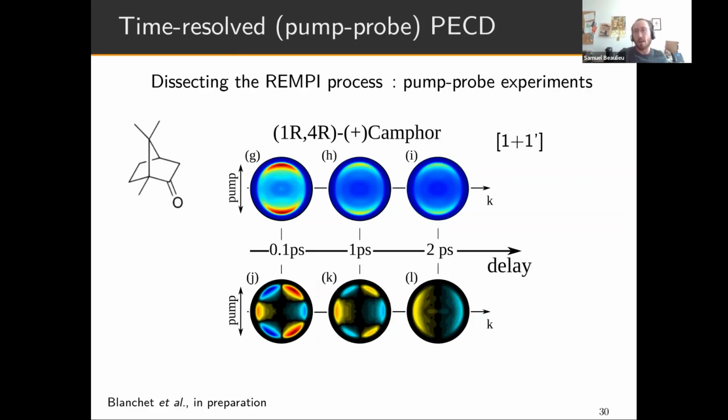You can see a very complicated signal at the beginning, composed of B1 and B3, and B3 decays super fast, leaving only B1 remaining at 2 picoseconds. This is still work in progress, but one of the main conclusions is that time-resolved photoelectron circular dichroism is also a very sensitive probe of structural isomerism, even in the time domain.